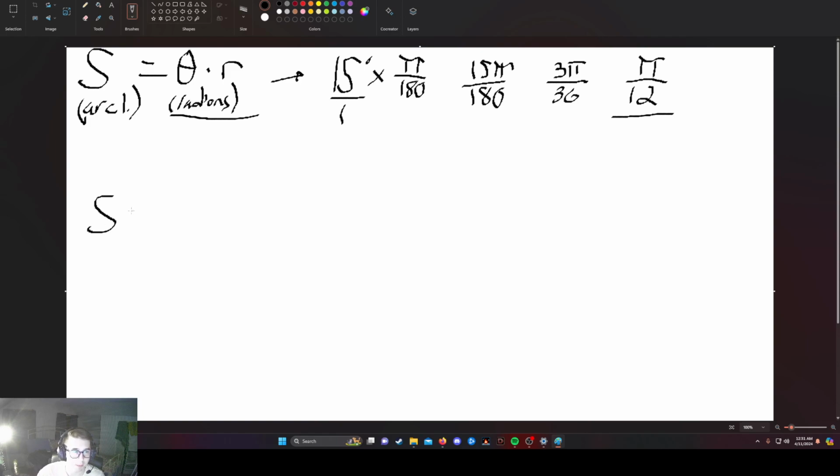I know that my arc, my S, the arc that subtends the angle, is going to be equal to my angle in radians times my radius, which for the highly anticipated circle that everyone's super pumped about is 50.